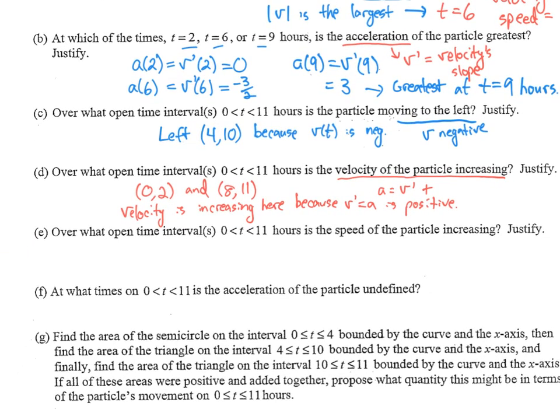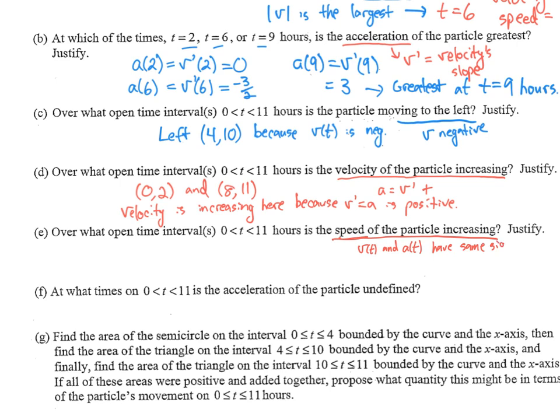Now E. E is again asking us a slightly different question, and it's different enough to make us have to really think about what's going on in that original velocity graph. So this is where the, not velocity, but the speed of the particle is increasing. Now, if you recall from our earlier discussions, the speed of a particle is increasing when velocity and acceleration have the same sign.